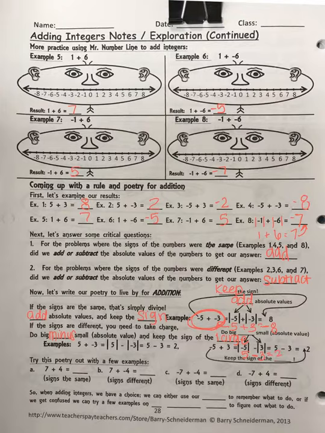But we want to keep the sign of the larger number. So go back to where the problem started. Which one was bigger, the 5 or the 3? 5, right? So we were going to keep the sign of the 5, so my answer is going to be -2. Again, you do big minus small.